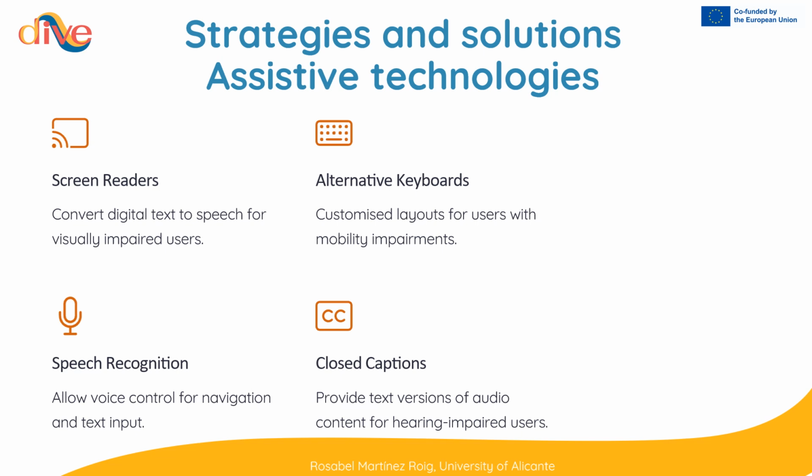Then speech recognition, which allows voice control for navigation and text input, and closed captions, which provide text versions of audio content for hearing impaired users. It's really important to note that this assistive technology may enable students to attend face-to-face lessons, face-to-face modules, but being adapted for them using these assistive technologies.